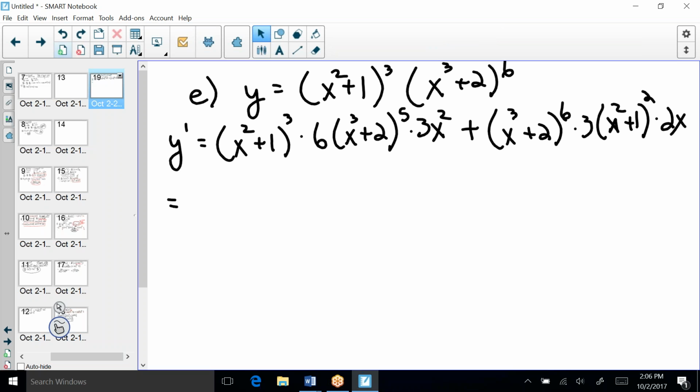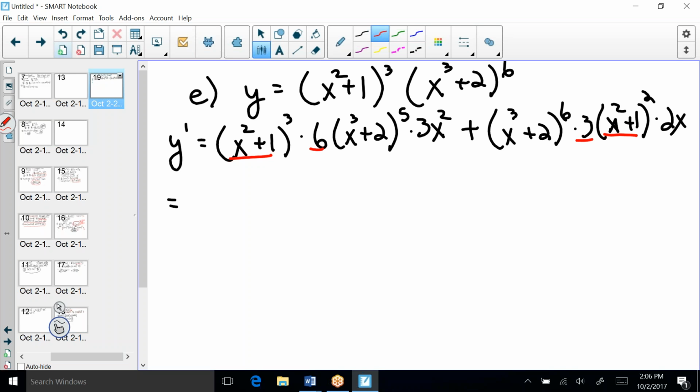And then we're going to see if there's anything that we can factor. So let's look for common factors here. x squared plus 1 is going to be a common factor. We have an x squared plus 1 to the third power, x squared plus 1 to the second power there. And we have a 6 here that we can factor out.